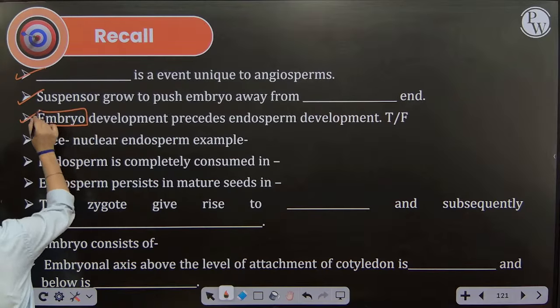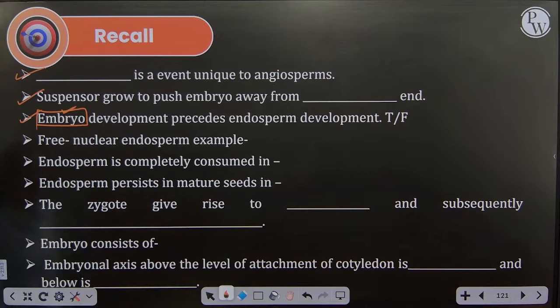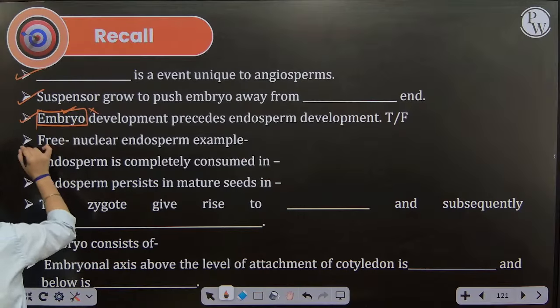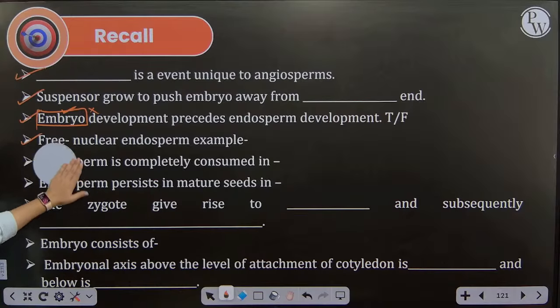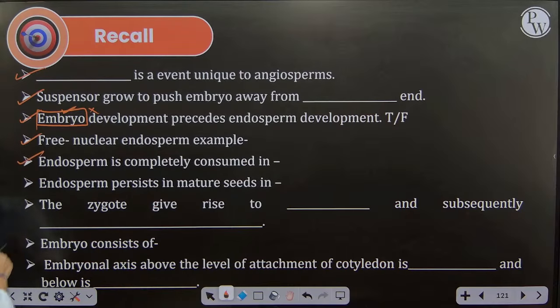Endosperm develops first to assure the nutrient supply to the embryo. This statement is incorrect. Free-nuclear endosperm example: the liquid part of coconut. Endosperm is completely consumed in some dicots, but exceptions are there. We already discussed that endosperm persists in mature seeds in monocots, with some exceptions.